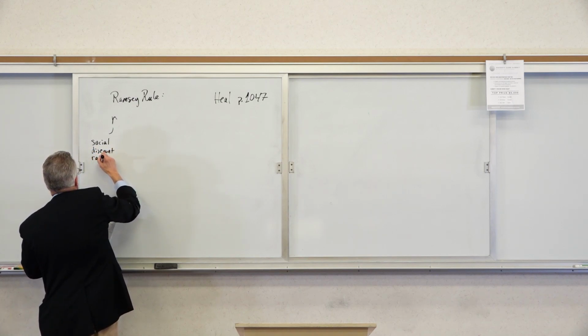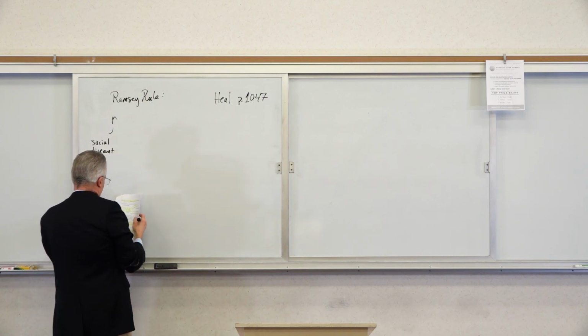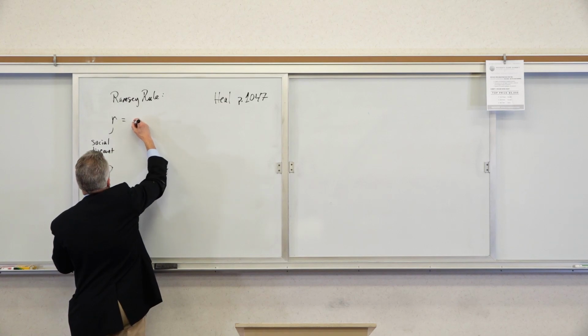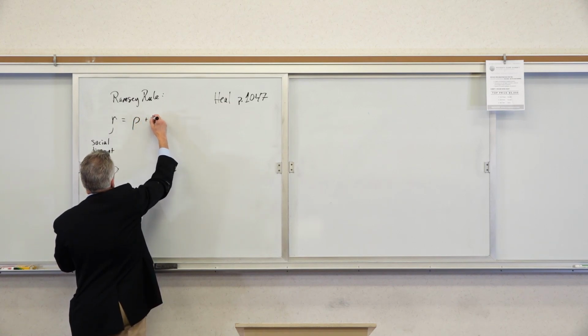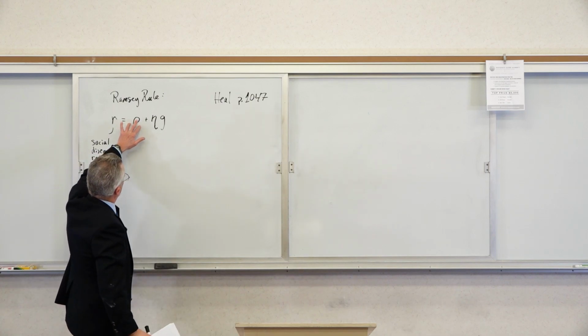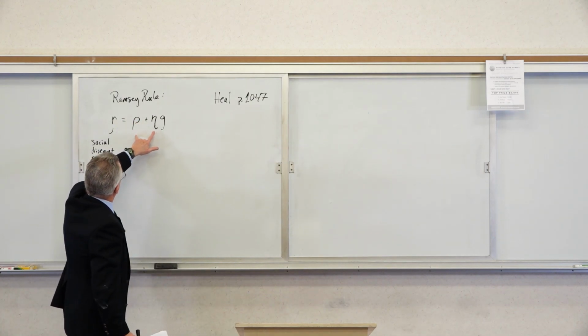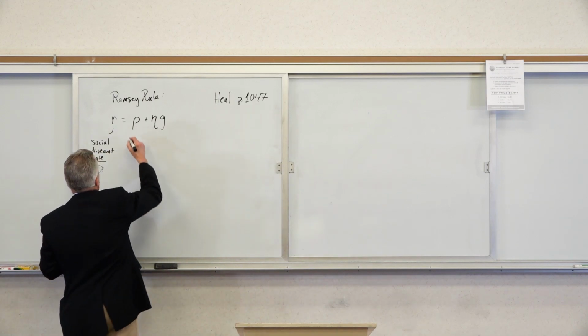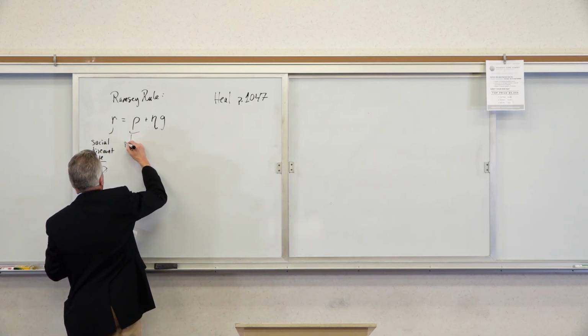The social discount rate is equal to, and I'm just going to use my own notation. I think this matches basically what Lemoine and Rudik do, rather than what Heal does. But rho is your pure time preference.